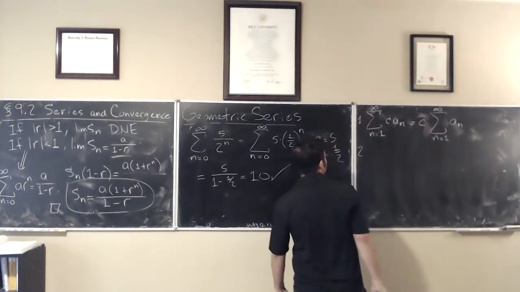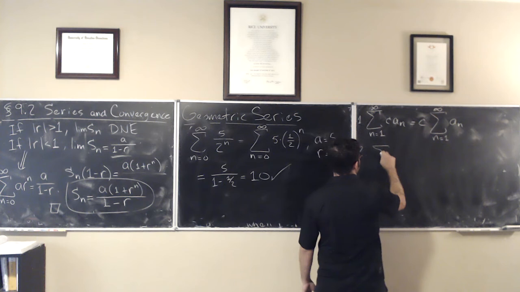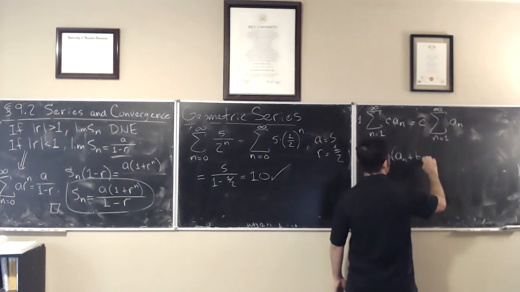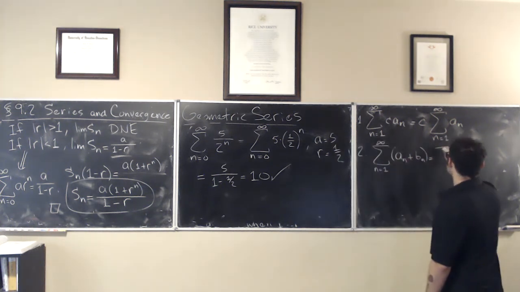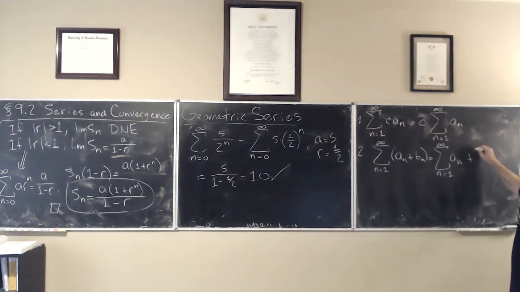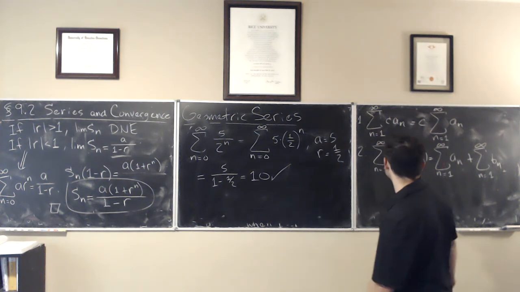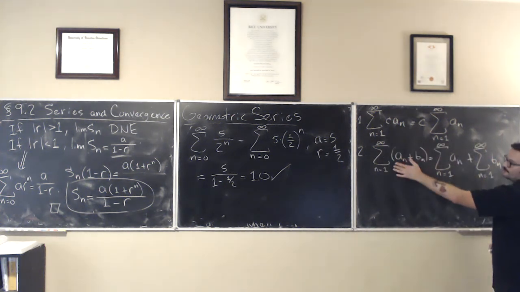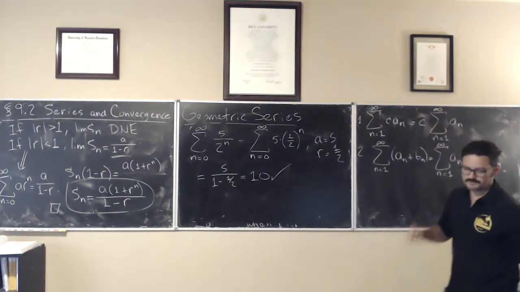We also have two different terms, and you can rewrite this like that. Provided that if this converges and that converges, then this converges to the sums on the right.